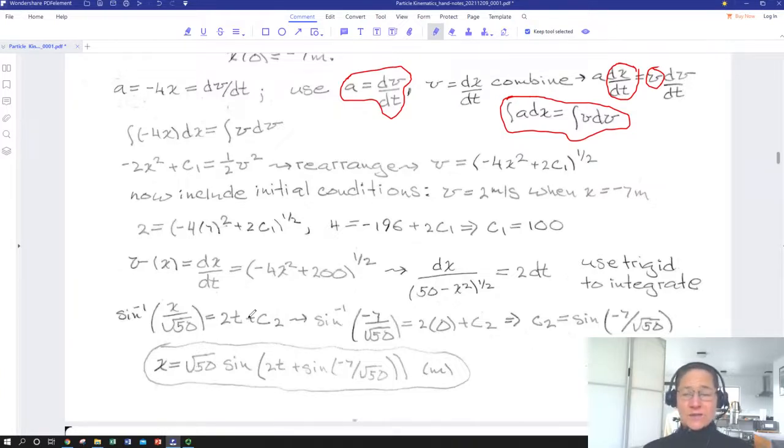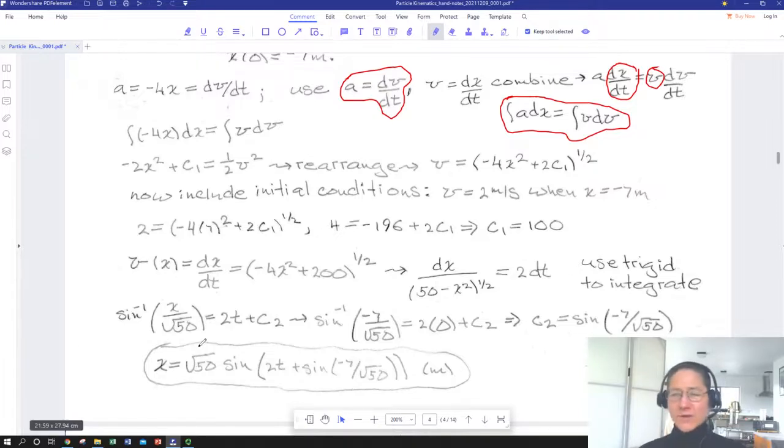Now I can use my initial conditions again and say x equals -7 when t equals 0 and solve for C2. And now I can put that back in here and write an expression for x by simply taking the sine of both sides and then multiplying by square root of 50.